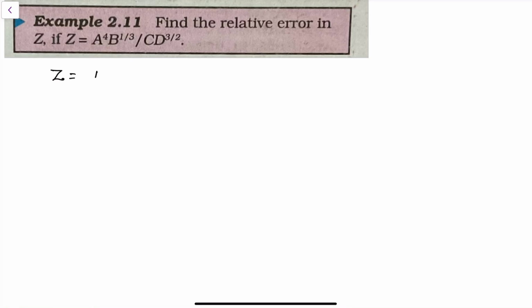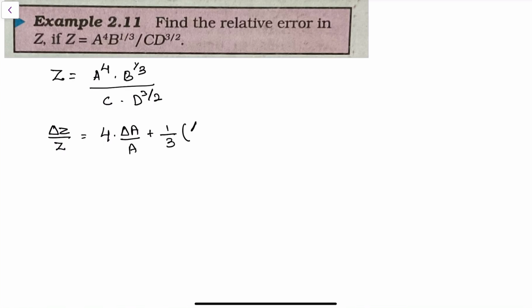Delta z by z is equal to 4 into delta a by a, and the power is multiplied before that, so 1 by 3 delta b by b, plus c has only power 1, so simply I write delta c by c, and this is 3 by 2 into delta d by d.